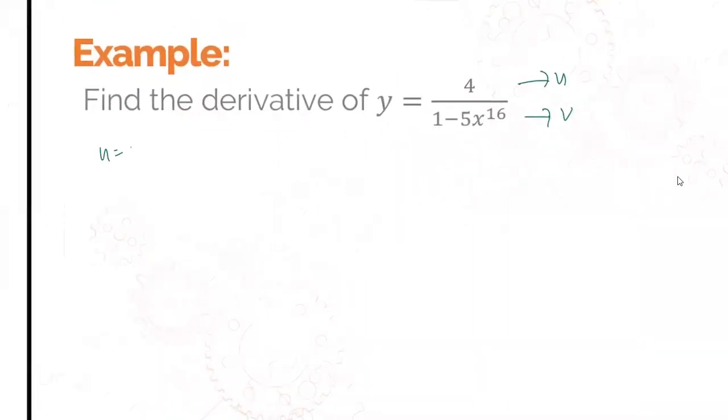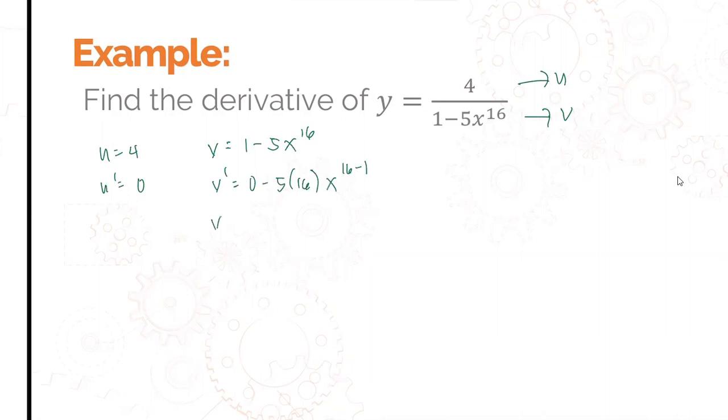So u is equals to 4, tapos v is equals to 1 minus 5x raised to 16. So u prime natin is constant, so 0 ang derivative natin nun. So v prime natin will be 0 minus 5 times 16, x raised to 16 minus 1. v prime will be 5 times 16 is 80, negative 80x raised to 15.